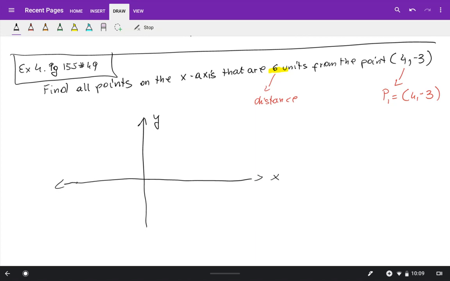So what is given? We have a point (4, -3). So this is that point P1. And we're trying to find the other point, which is 6 units away from this point.